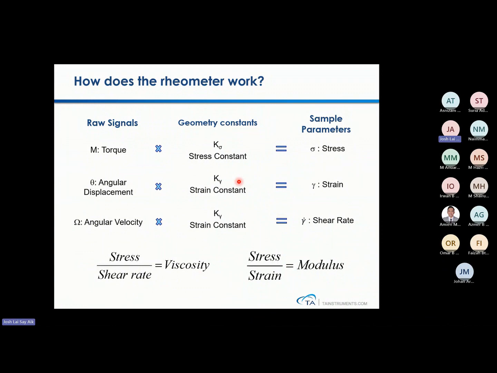So this kind of constant you cannot change. It's grayed out. If you are using our DHR right now, you can check the stress and strain constant in the meter tab. It's always grayed out. Nobody can touch this. That's why it's very important to have a smart swap, because it will recognize that geometry and have a very specific and unique constant to convert all these raw signals into sample parameters.